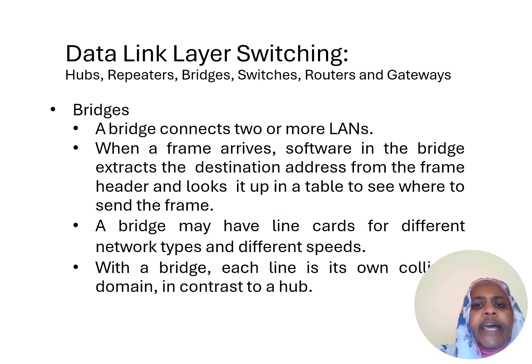Bridges, on the other hand, are there to connect two or more LANs. They inspect the frame header to know the destination and source addresses, and they might connect different LAN types or LANs of different speeds. In bridges, each port has its own collision domain.